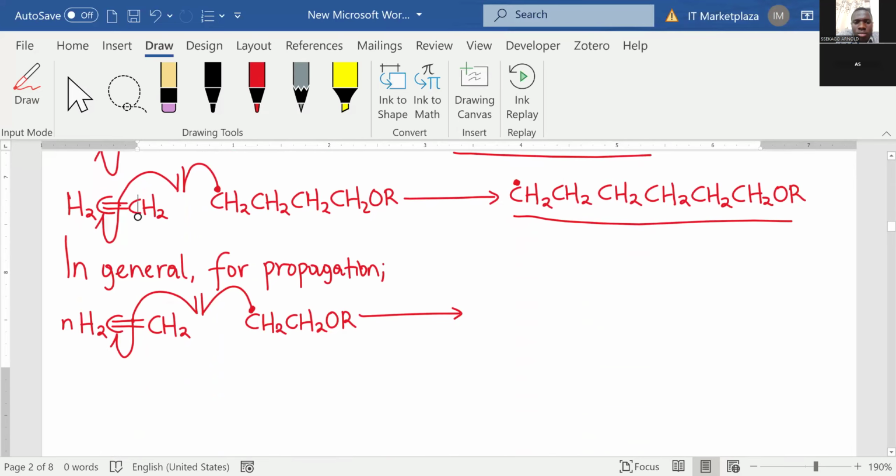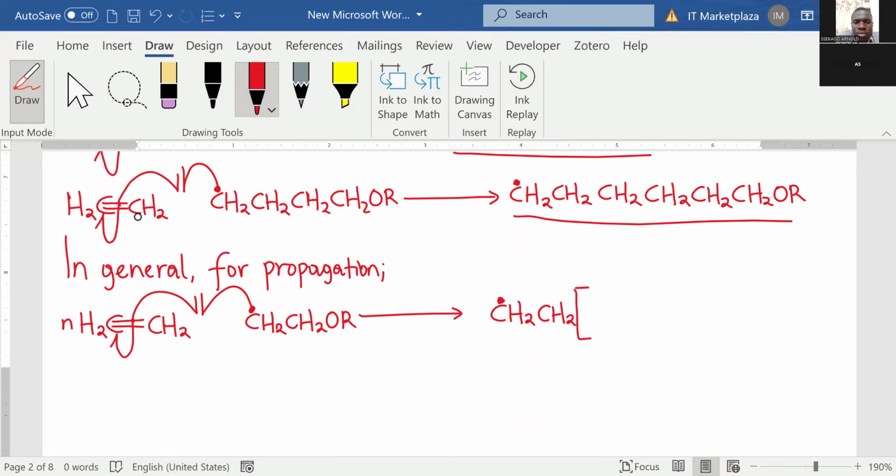Therefore, in general, we shall form CH2 with a dot, CH2 with a dot, followed by CH2 like that, then followed by another CH2, but this is very long.